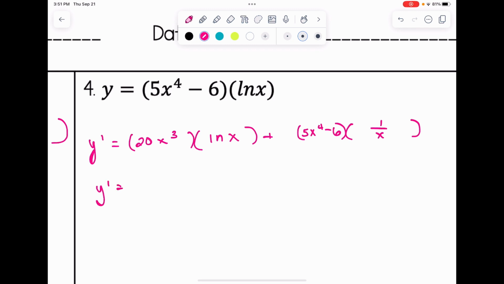Okay, and I'm going to clean this up without the parentheses here. And over here, I'm going to merge this into a single fraction. Could we do other things here to simplify? Of course, we could get common denominators if we wanted. I'm just going to leave it like this, though.